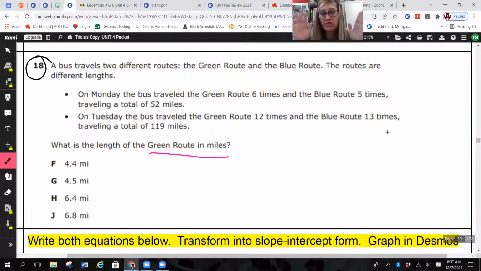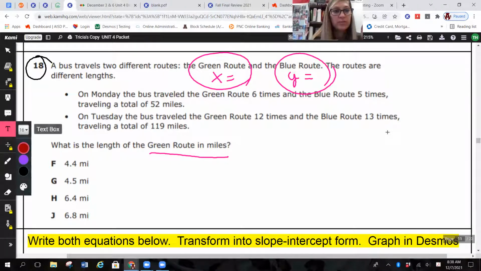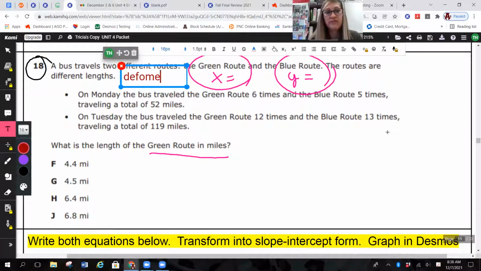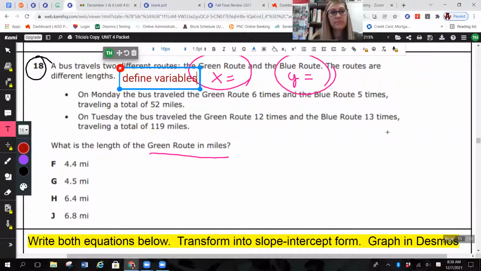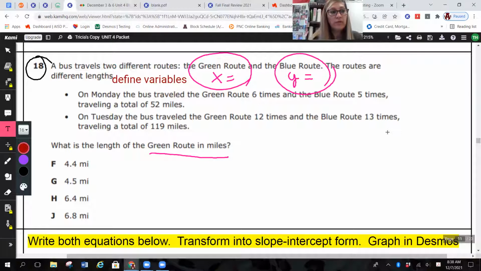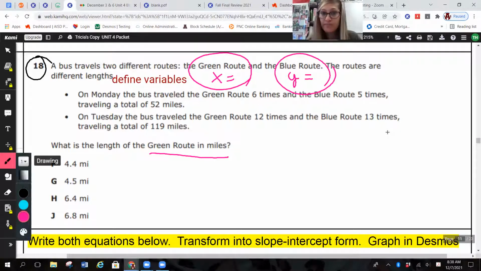So what 2 things are we talking about? A bus going where? Green and blue route. So that tells you that one of these routes has to be your x and the other route has to be your y. I now have defined my variables. First thing you do is define variables. Now we're ready to write an equation.